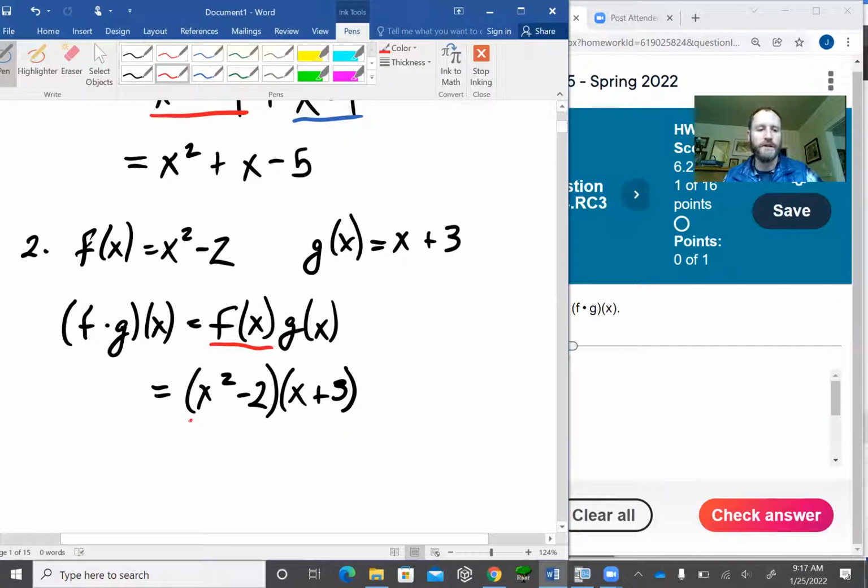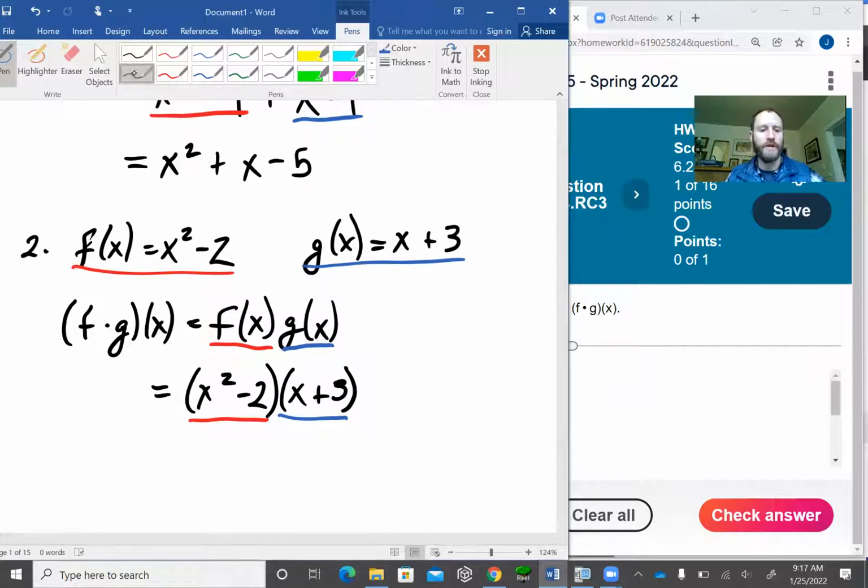So f of x, x squared minus 2, that's right there. G of x, x plus 3, that's coming from up there. All right, and so now we're just doing our FOIL stuff. So first terms are x squared times x. That gives me x to the third power. Outer, x squared times 3, plus 3x squared. Inner, minus 2 times x, minus 2x.